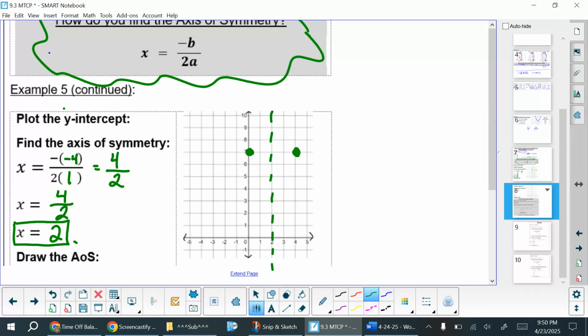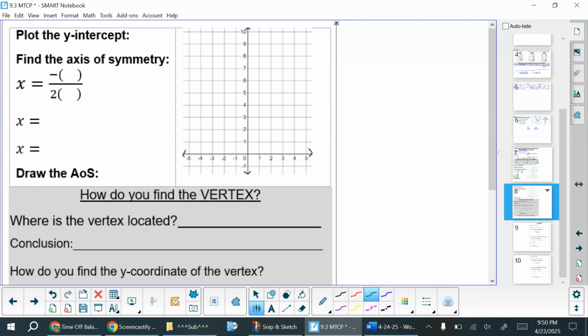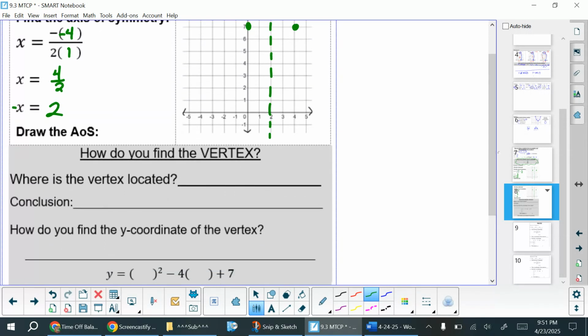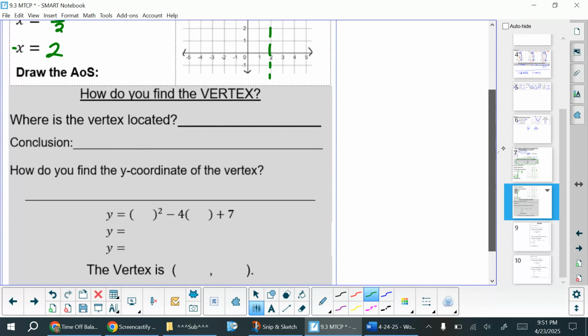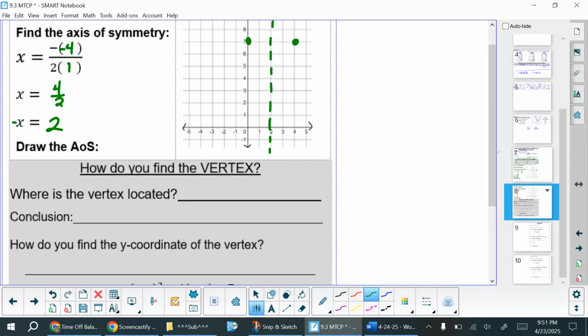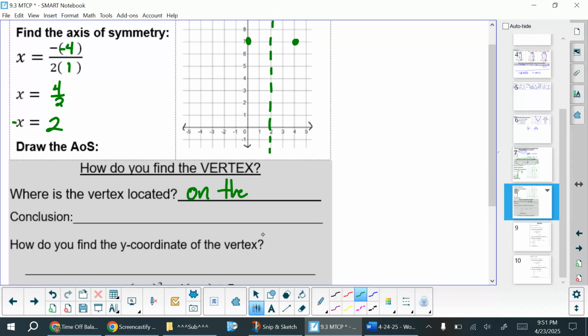So we're going to go ahead and go down here. I'm going to copy this over so that you can see it. So right now our graph looks like this. X equals 2, y-intercept at 7, counted over 2 again. There we go. So in the gray box, gray boxes are always some of the most important things. It says, where is the vertex located? And we've talked about this a lot. It is on the axis of symmetry, on the AOS.